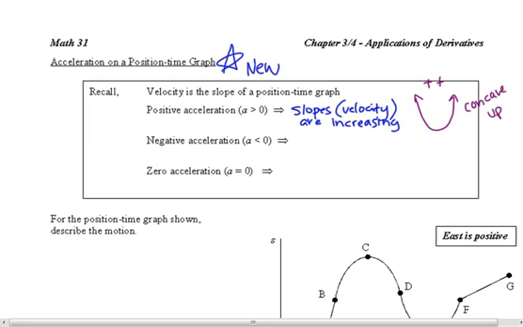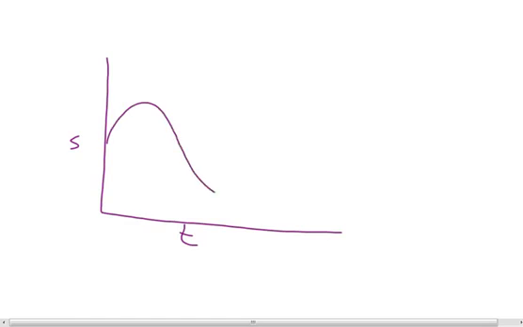So, if we have a position time graph, when does our graph have positive velocity? If I have something like this, from this point to this point, this is our position time graph, not a velocity time graph.